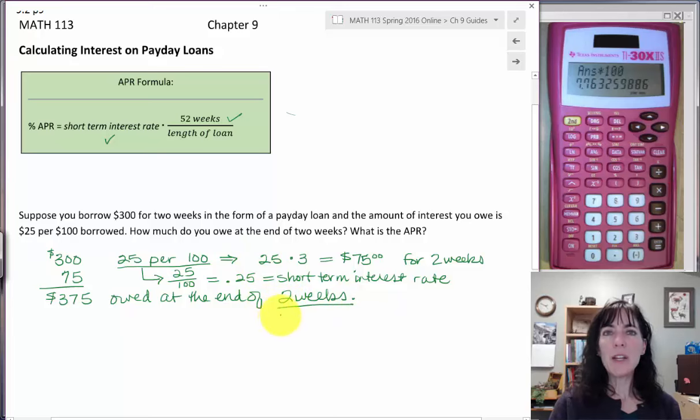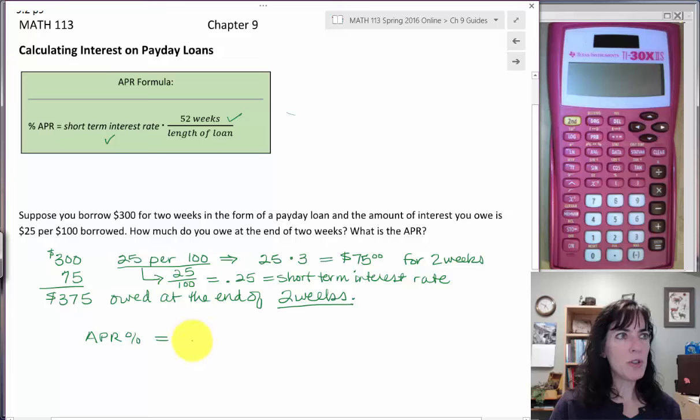So we know that. And it turns out you don't even need to know how much you borrowed, because we know what the percent interest is for the short term. And since it's not a full year that we're talking about, that's why we need a formula. So if we're trying to find the APR as a percent, we will take the short-term interest rate, which we determined was 0.25, and we will multiply that by 52 weeks over the term that we were borrowing for, which would be 2 weeks.